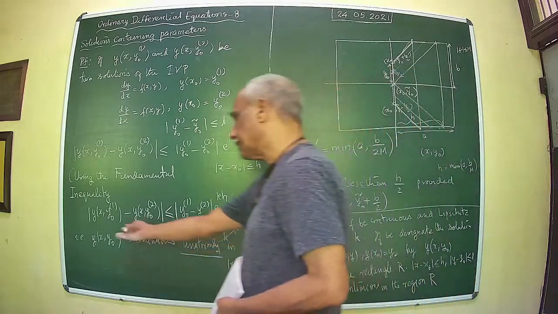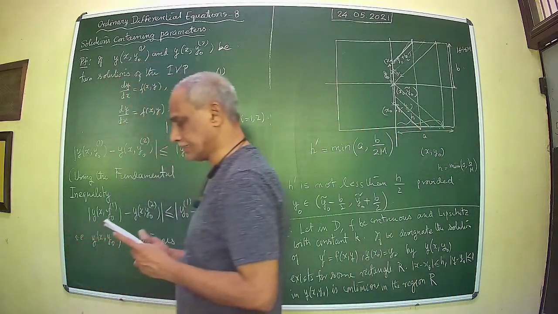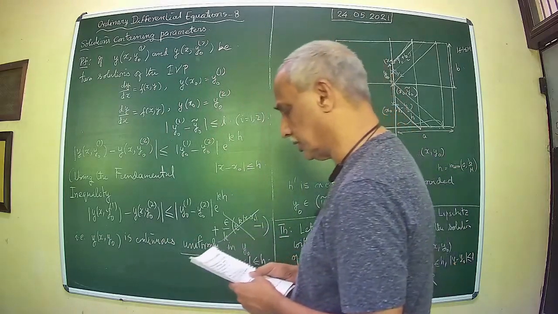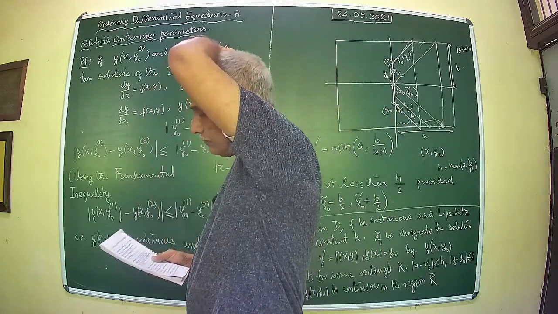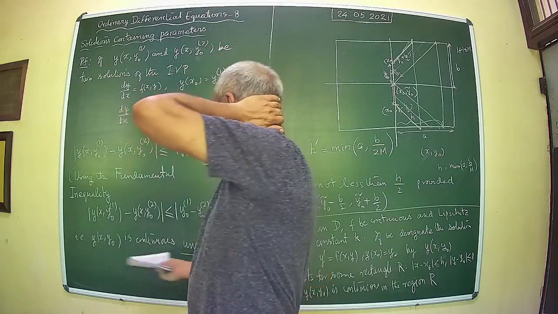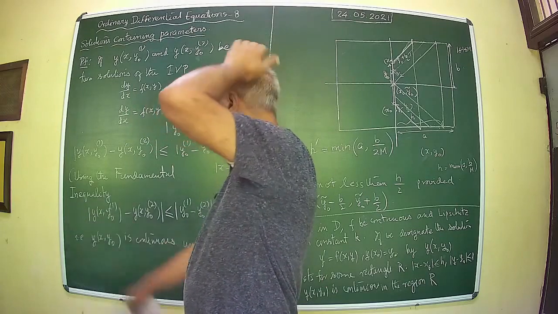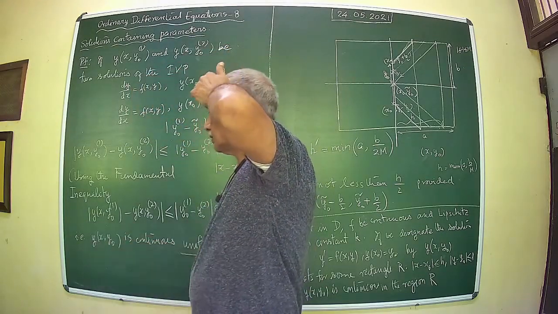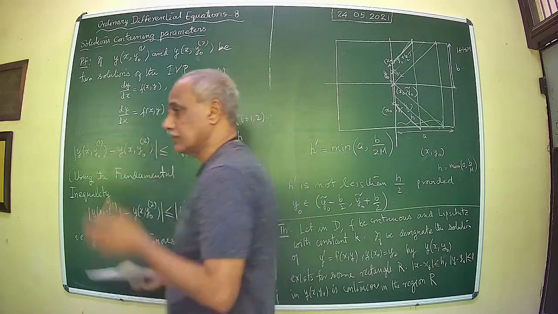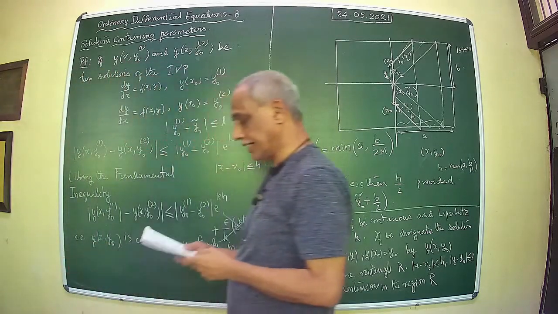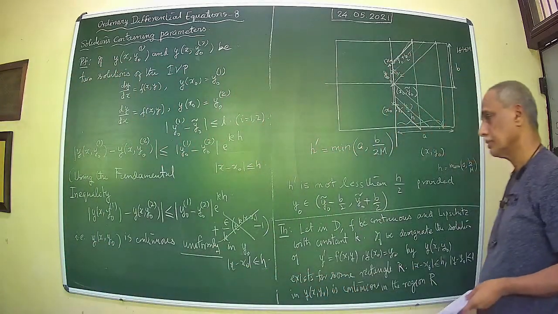Already this function is continuous in x. For any value y naught, it is a continuous solution on this interval. Therefore, it follows that on R, this particular function is continuous with respect to x as well as y naught, or the simultaneous continuity of the function y with respect to x and y naught.